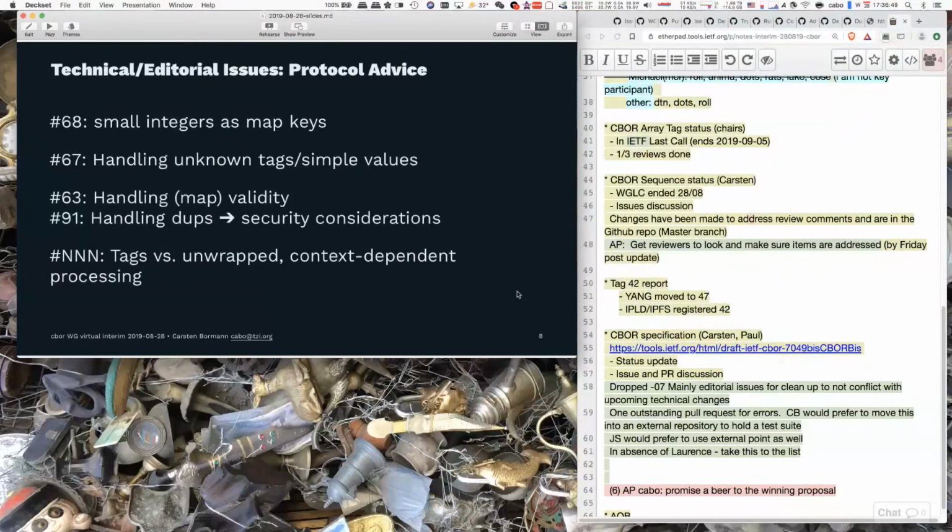And then on the other hand, we have things like error handling or handling of unusual cases like unknown tags and simple values. And Lawrence brought up this whole thing about using tags in an unwrapped way.